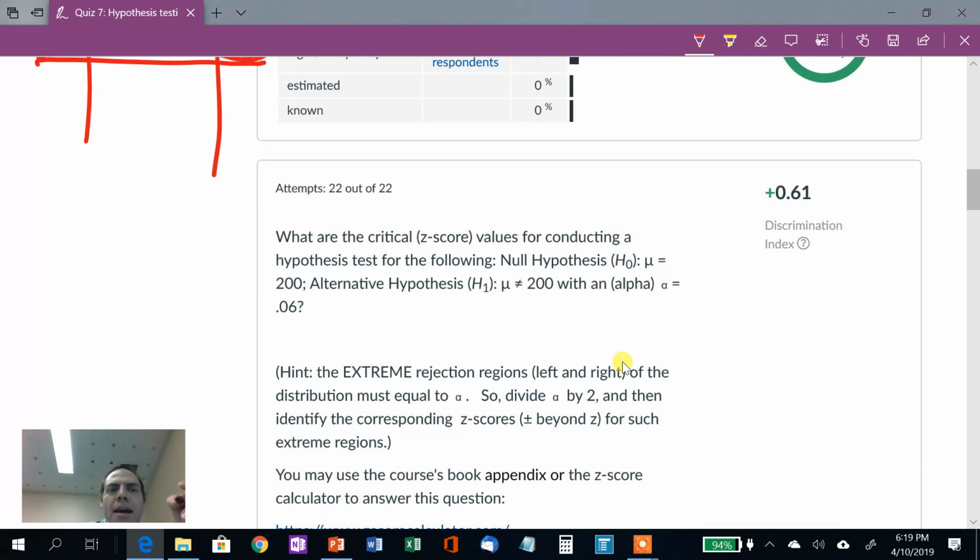Recording good. So what are the critical z-score values for conducting a hypothesis test for the following? Null hypothesis, population mean equals 200. Alternative hypothesis, mean does not equal 200. And alpha 0.06.